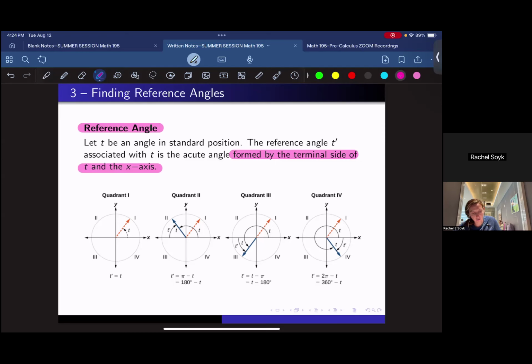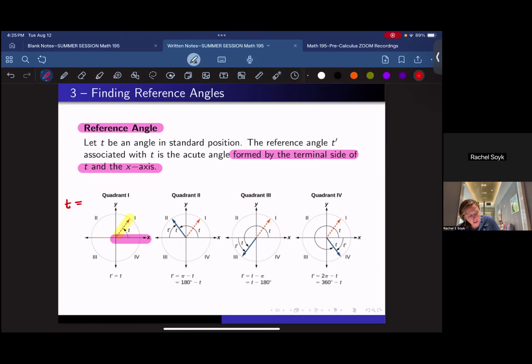If we have our terminal side, we'll highlight that in yellow. And then we have our x-axis, we'll highlight that in pink. Between the yellow and the pink, we have our terminal angle. And lucky for us, in the first quadrant, the angle itself is actually equal to the reference angle.